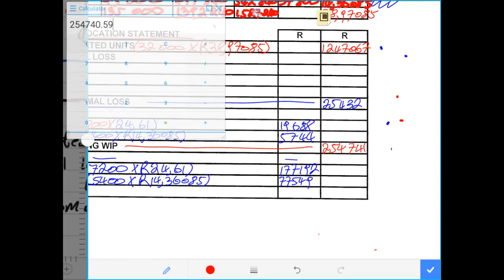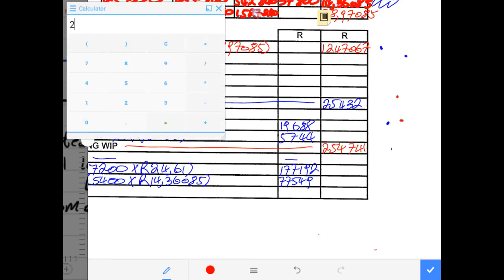Then immediately when you are done with this, you can be confident to add all of them. You just say 254,741 plus 25,432 plus 1,247,067.